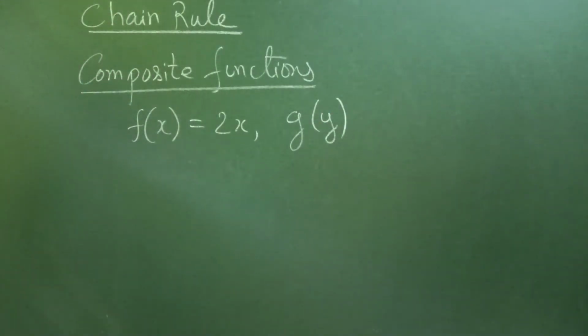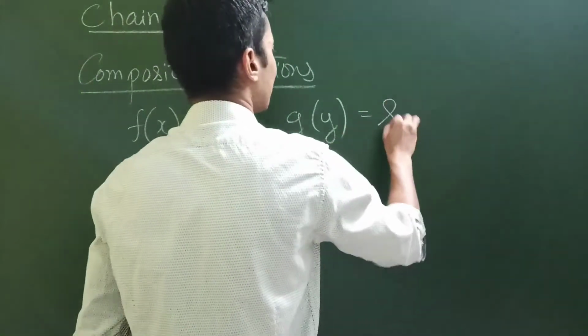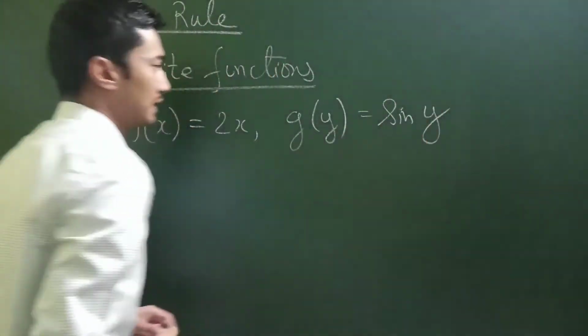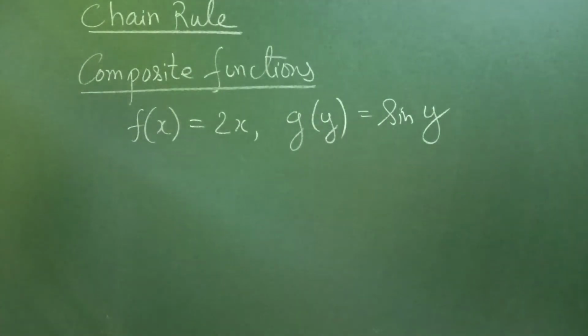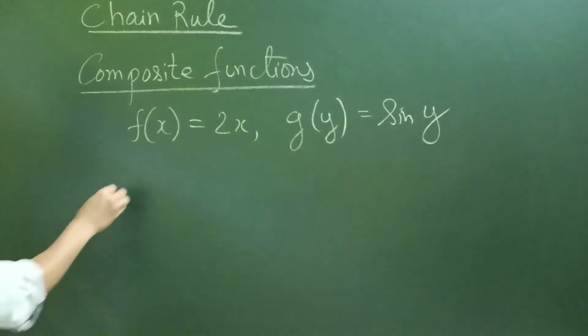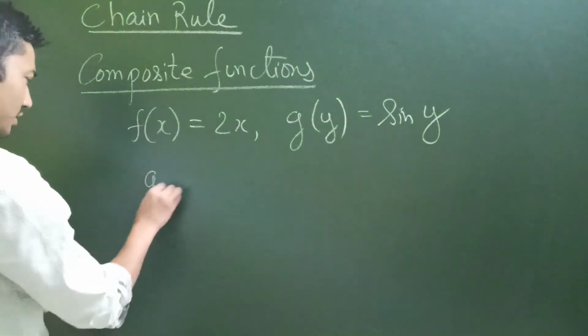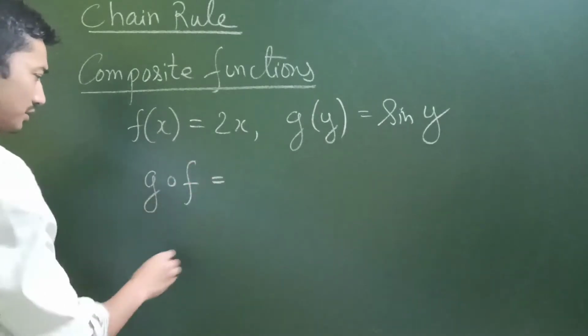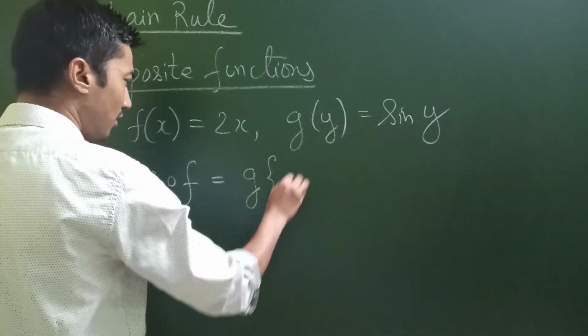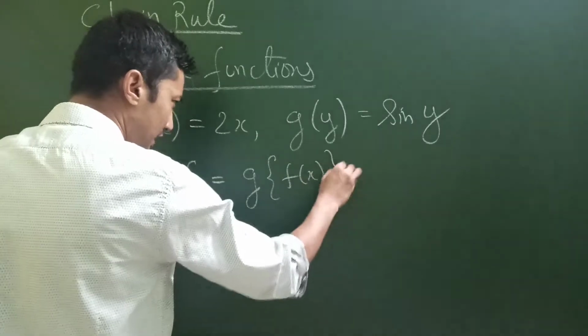So if we just assume that g of y to be sine of y, okay, sine of y. So then usually how do we go for the composite functions? Then g of f, how do we do that? That's going to be g of the function f of x.